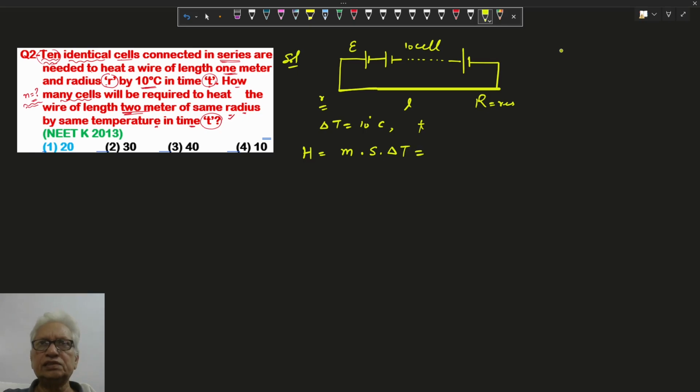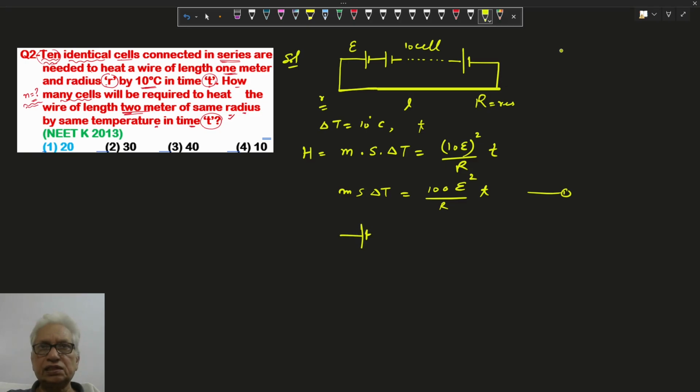This equals V squared upon R times t, which is 10 E squared upon R times t. So m s delta T equals 100 E squared t upon R. This is the first equation.